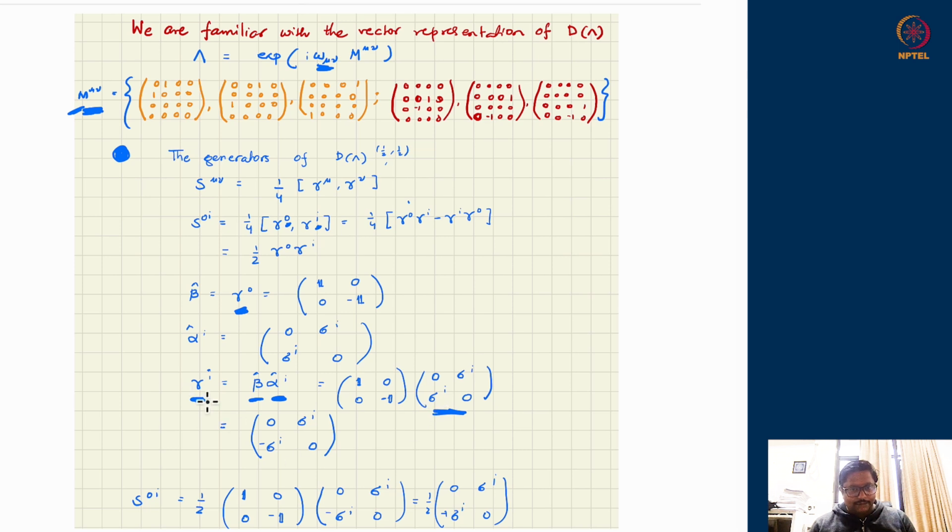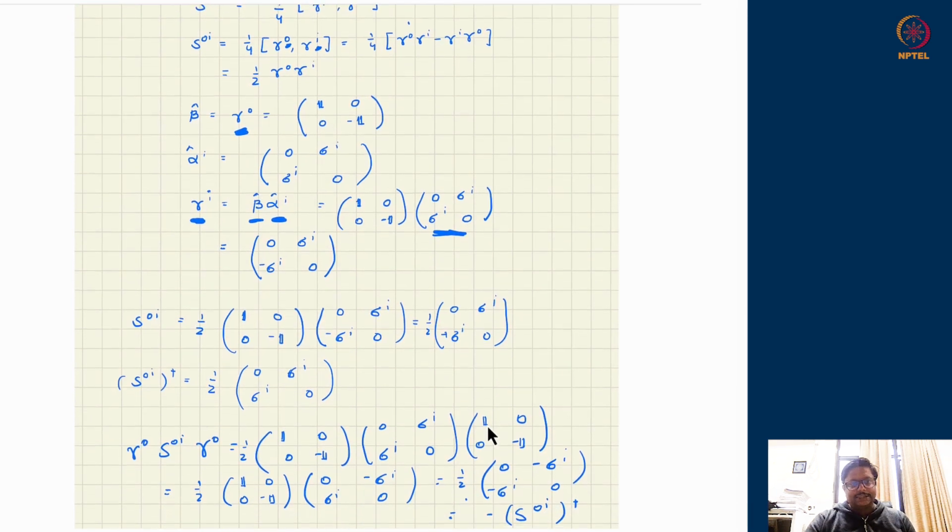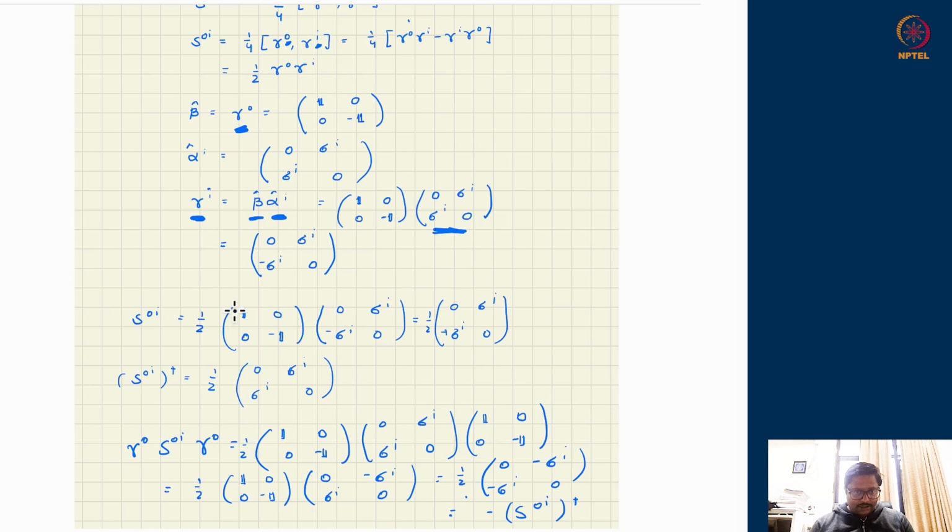As a result, gamma I has sigma and minus sigma along the anti-diagonals. So S0I is half times sigma I along the anti-diagonals.